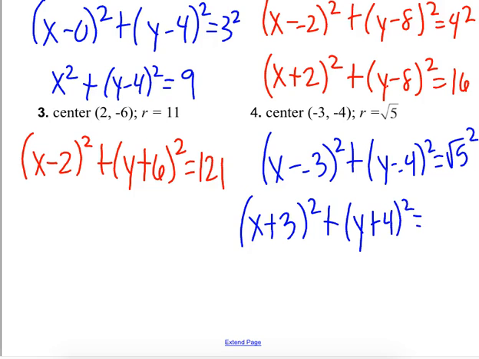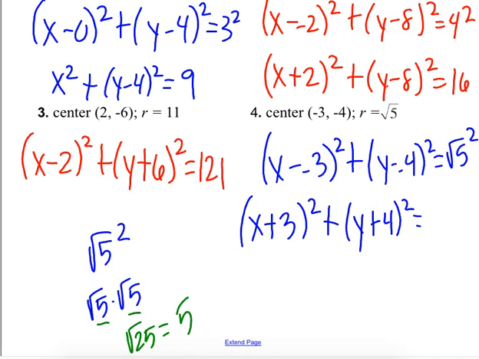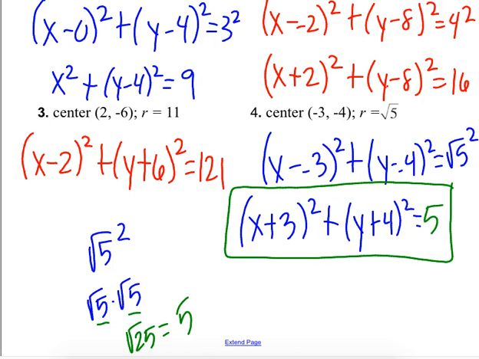And then think, the square root of 5 squared really means square root of 5 times square root of 5. And remember, you take the numbers inside times each other, so I get 25. And we all know that the square root of 25 is just simply 5. Pretty straightforward.